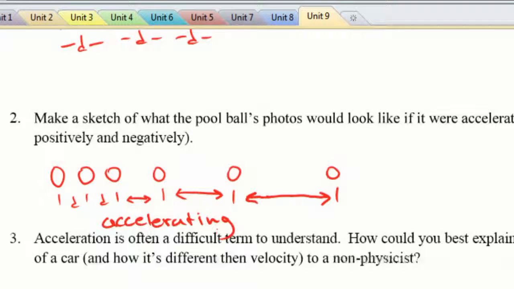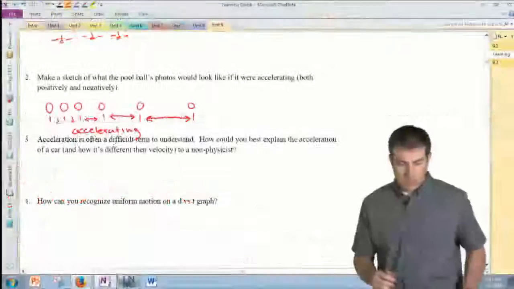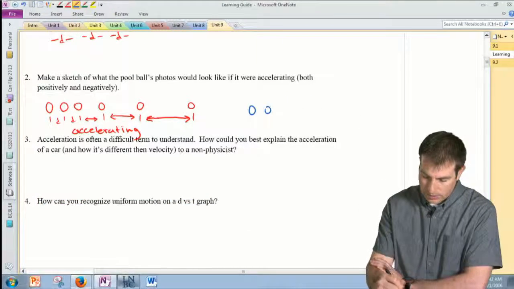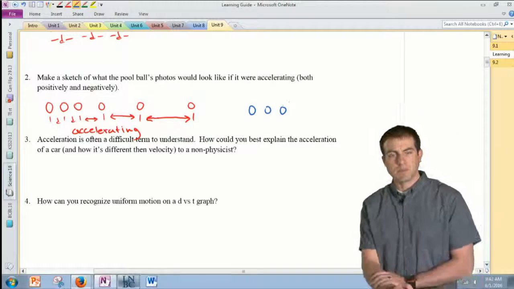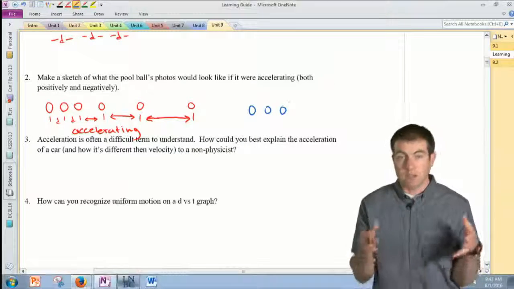So that's accelerating. The second part of the question asks about negative acceleration, or something that's essentially slowing down. So I'll pick another color here. If I have my objects at regular distance intervals, and the object's slowing down, it's not going to travel as far in the same amount of time.